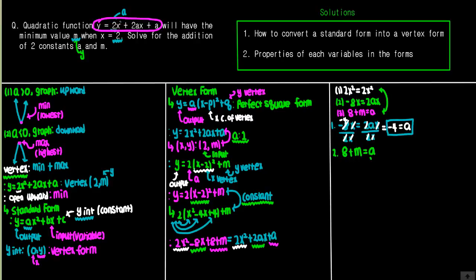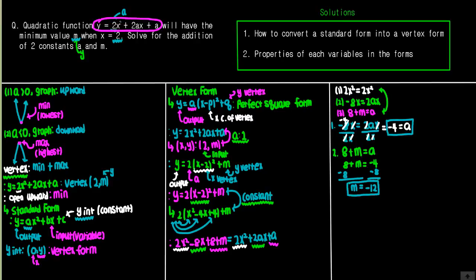So we can input a as negative 4, and it will turn into negative 4 is equal to m plus 8. From here, all you have to do is subtract 8 from both sides in order to isolate our m term. We're going to get m is equal to negative 12. So this is the second thing that we want to find.